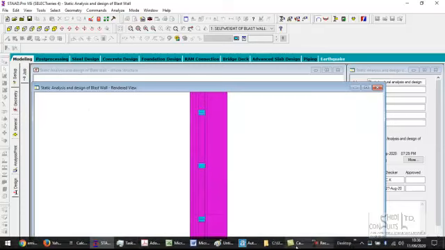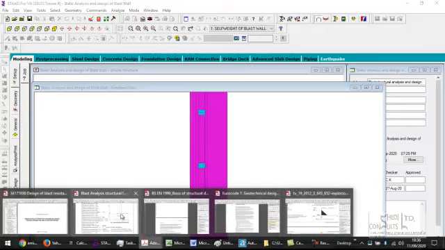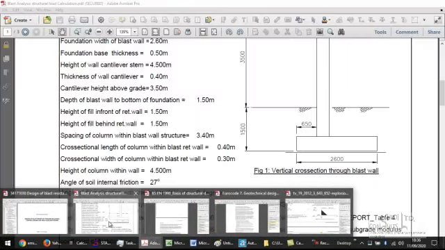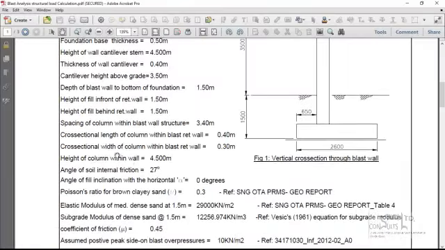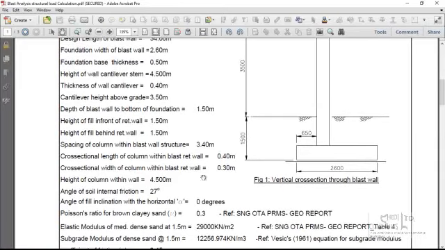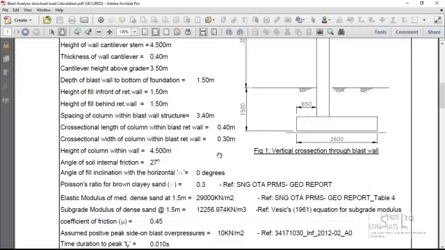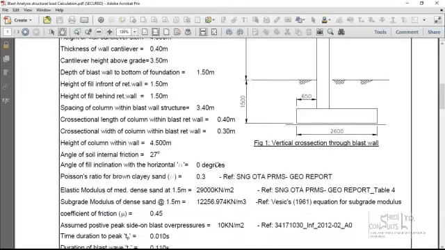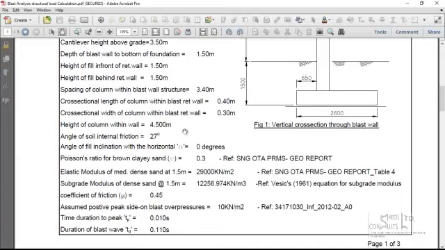The properties of the columns are also specified here. The cross-sectional width of the column is 0.3 and the length is 0.4. That is the cross-section I'm referring to. The height of the column is about 4.5.